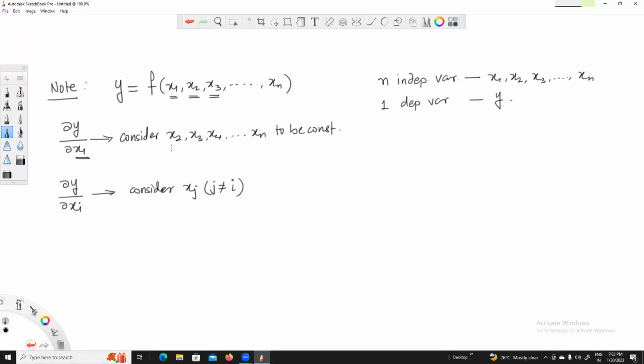So other than x1, you have considered all others to be constant. So similarly, if you are differentiating with respect to xi, the remaining ones xj where j is not equal to i are constant. So this is the basic definition and basic note to keep in mind while differentiating these multivariable functions.